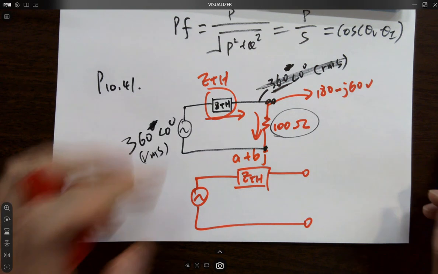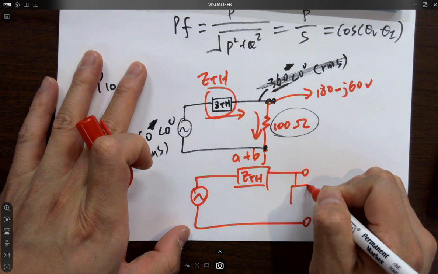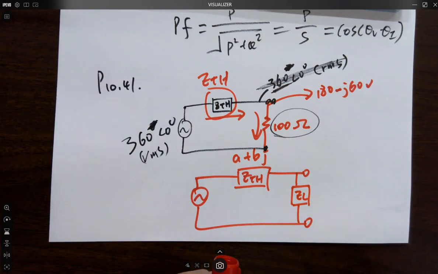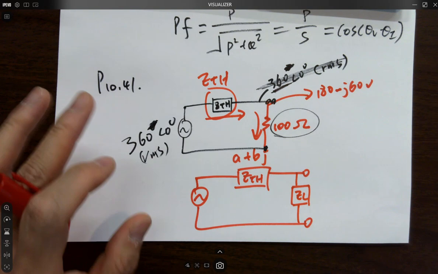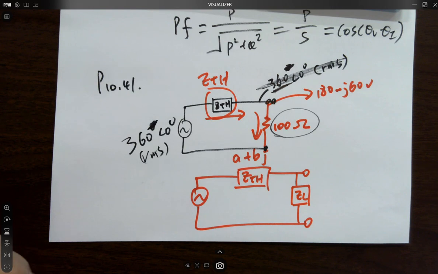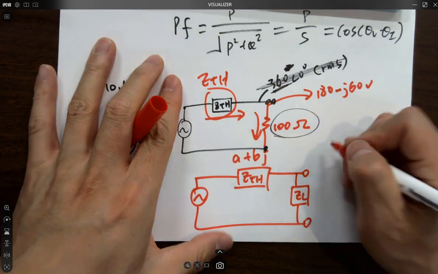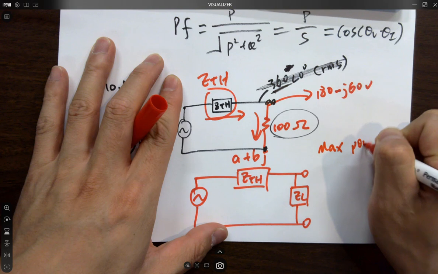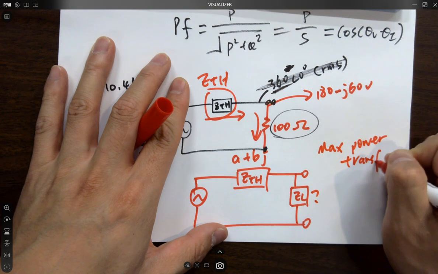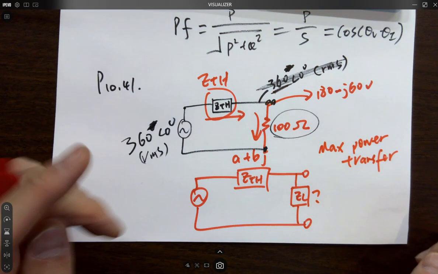And it's asking what kind of load you want to connect here to achieve maximum power transfer to the load. What should this be?